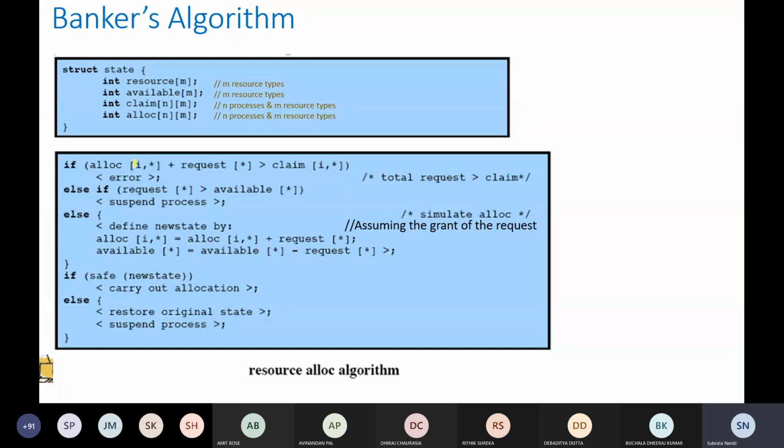And for the resource allocation, first it checks what the request is. For the ith process, Pi, it has made a request, this one.